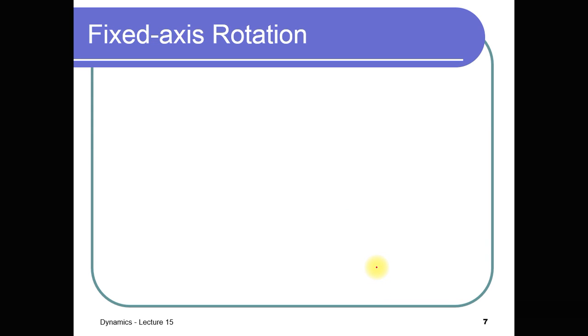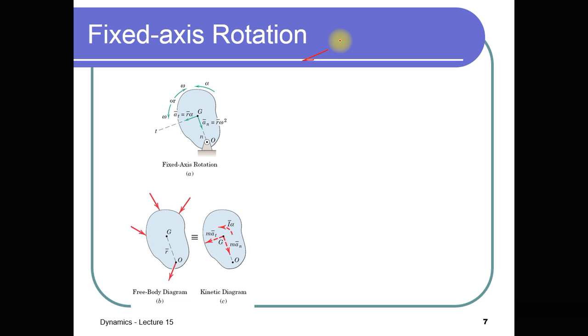In the fixed axis rotation over here, you need to consider the tangential action and normal action. Let's say these are all the forces acting on the rigid body, so we have the tangential forces and normal forces, and there is a moment of inertia and an angular acceleration.